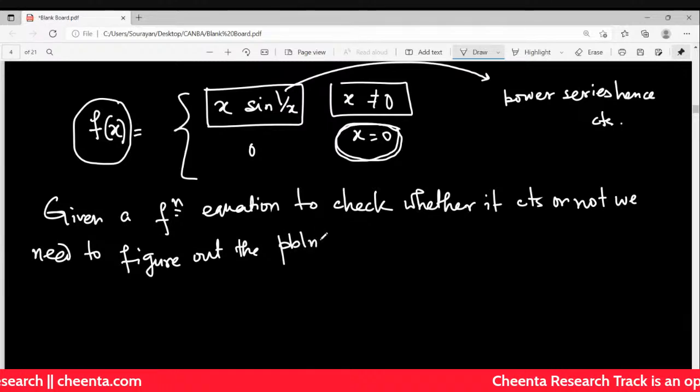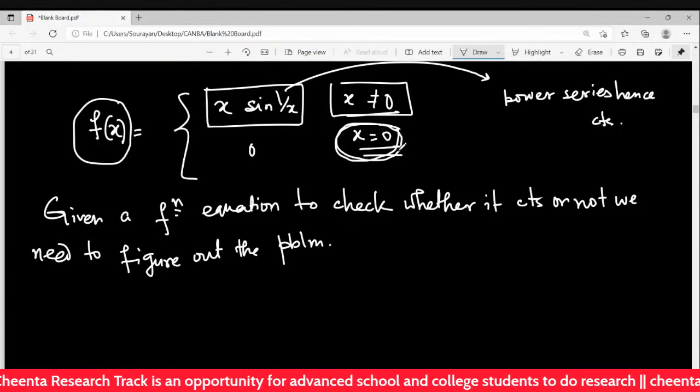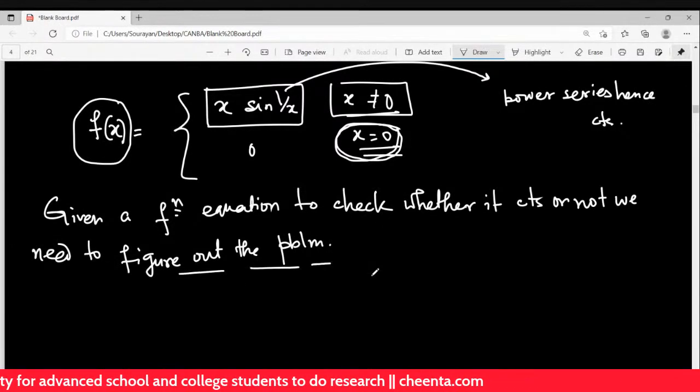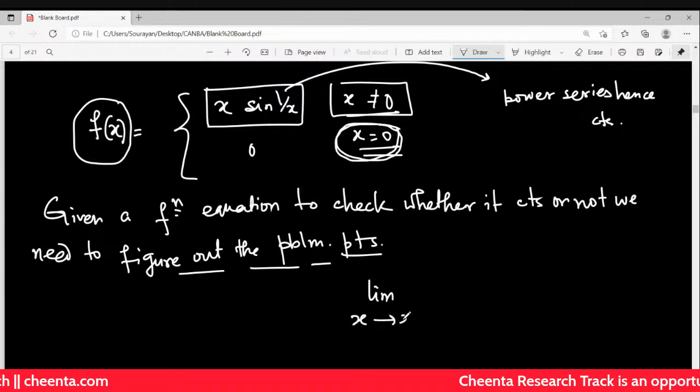So where there is a problem for that function not being continuous, and generally it's always in these types of boundary cases. Okay, so then after picking out these problem points, what you do is you simply check, does this hold?